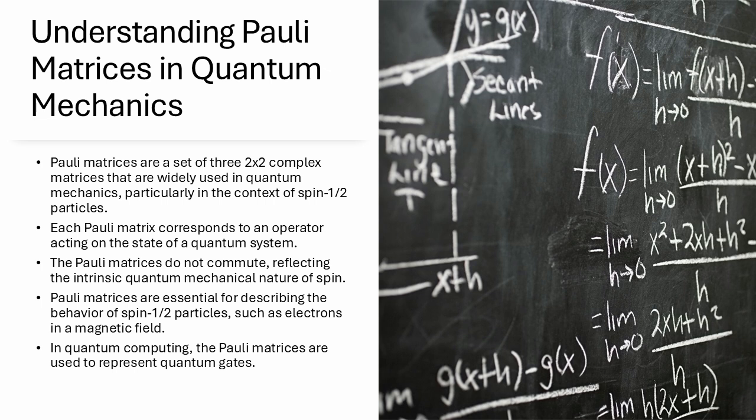So the eigenvalues are like the possible outcomes, and the eigenvectors are like the direction associated with those outcomes. Precisely. In the case of Pauli matrices, the eigenvalues are related to the up and down spin states, while the eigenvectors tell us about the orientation of those spin states in space. These properties make Pauli matrices incredibly powerful for understanding how spin behaves in the quantum world.